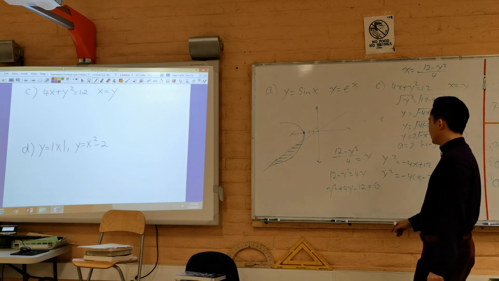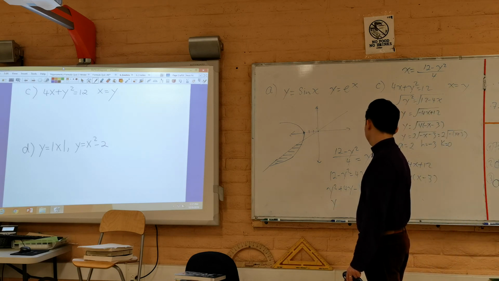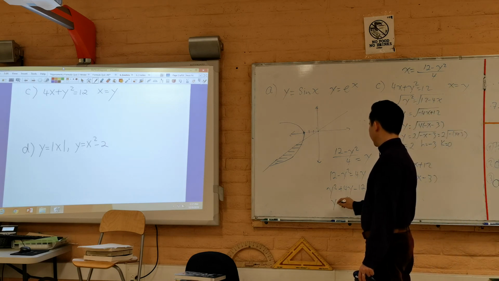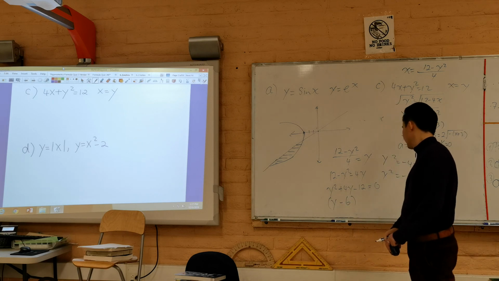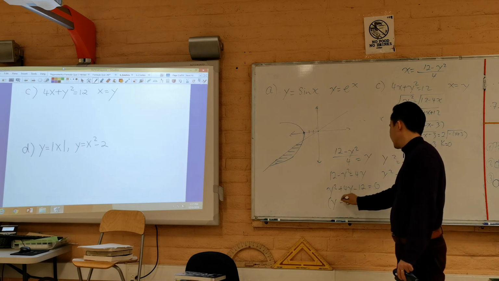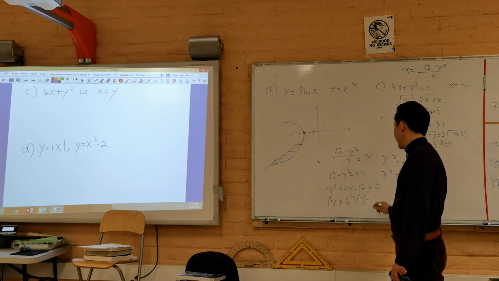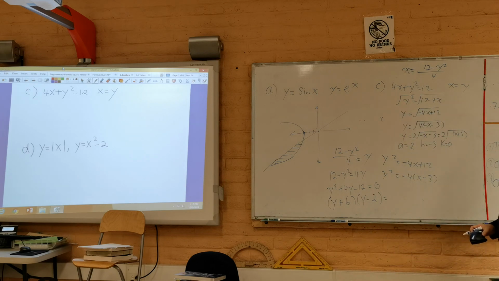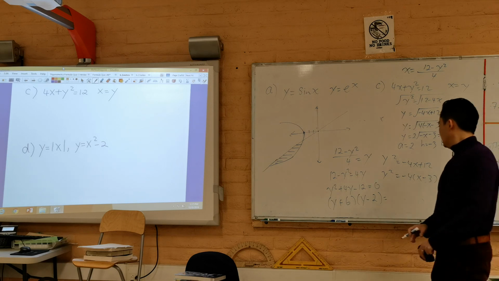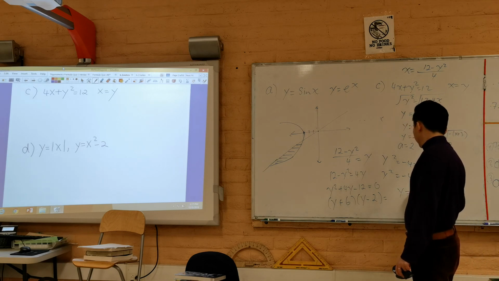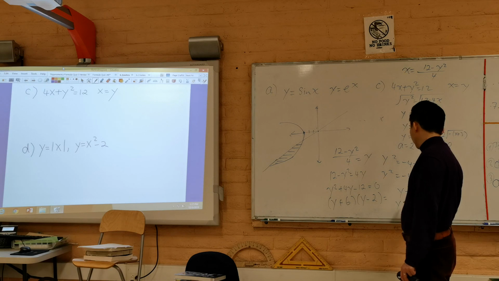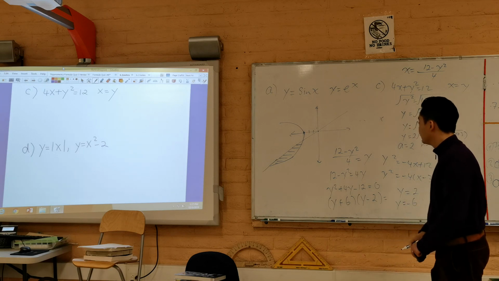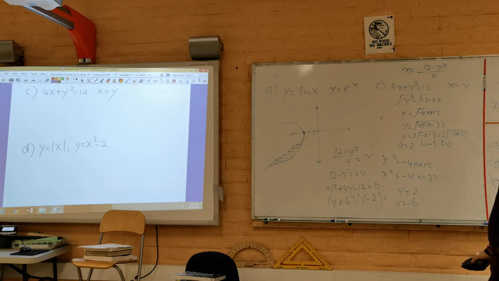And then try to factor it, so we do have y equals 6, and y equals negative 2. Well, actually, that means y equals 2, and also y equals negative 6. So that means we need to integrate from negative 6 all the way up to 2.